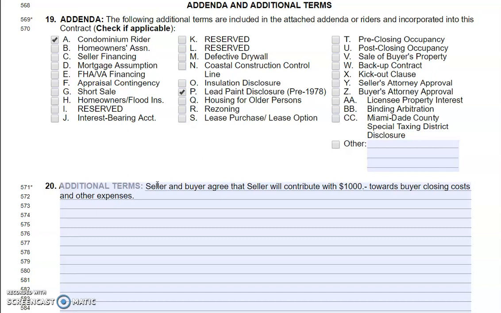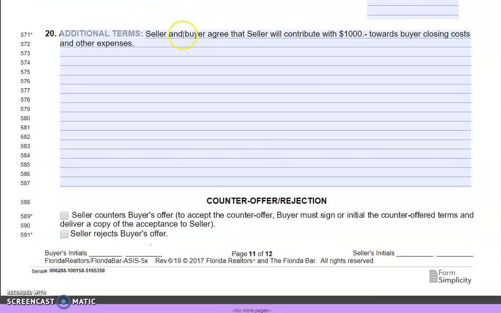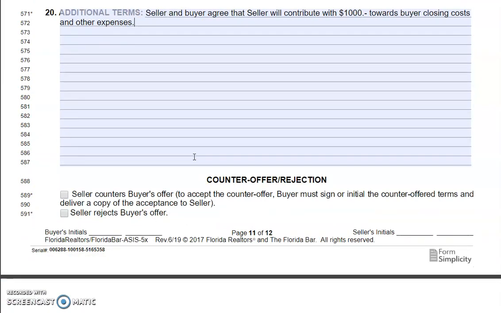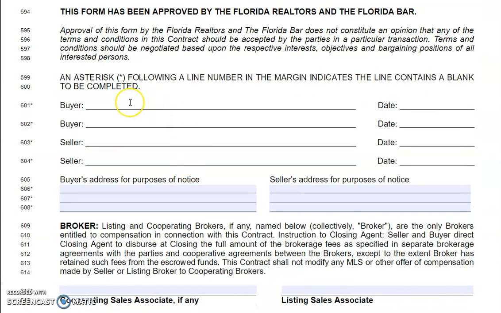Now here we're saying that seller is going to contribute $1,000 towards buyer closing cost and or any other expenses. You can write whatever they had negotiated. Okay, and then we go down.